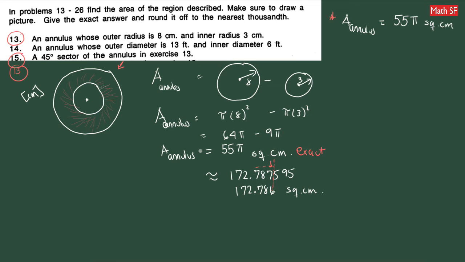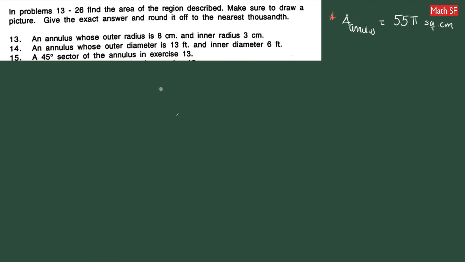Now that we erased that, I'm going to draw my sector of the annulus. It's pretty much going to be a piece of it, like if you cut it, something like this. And this part here is going to be 45 degrees.